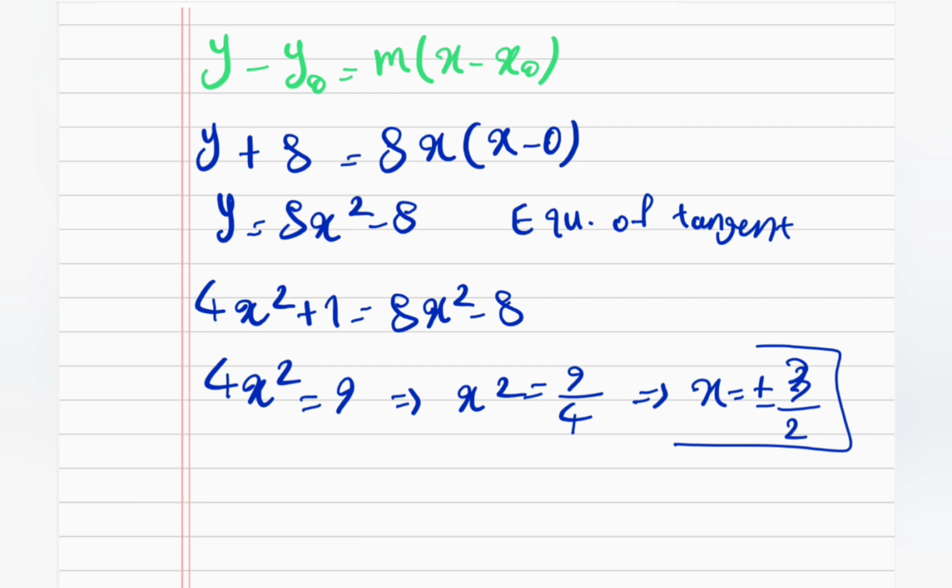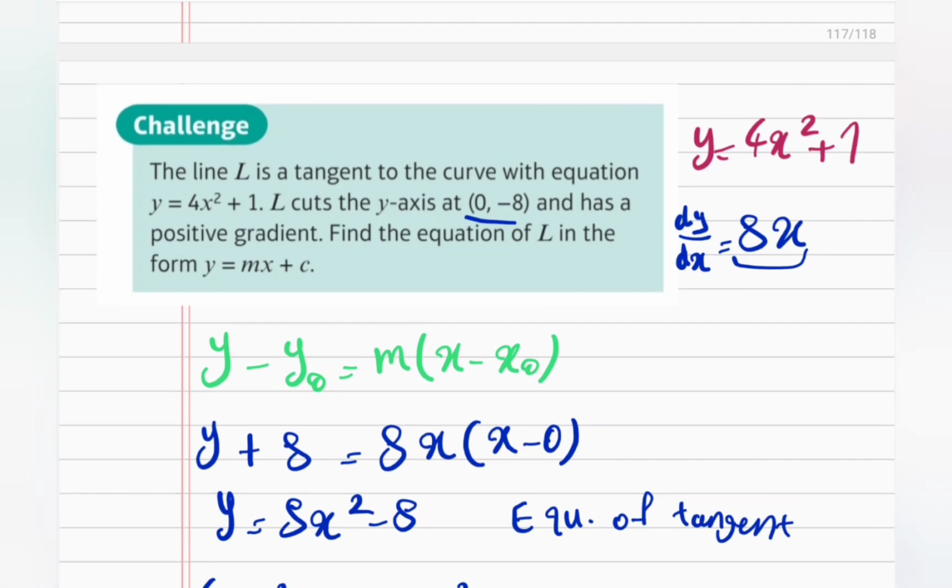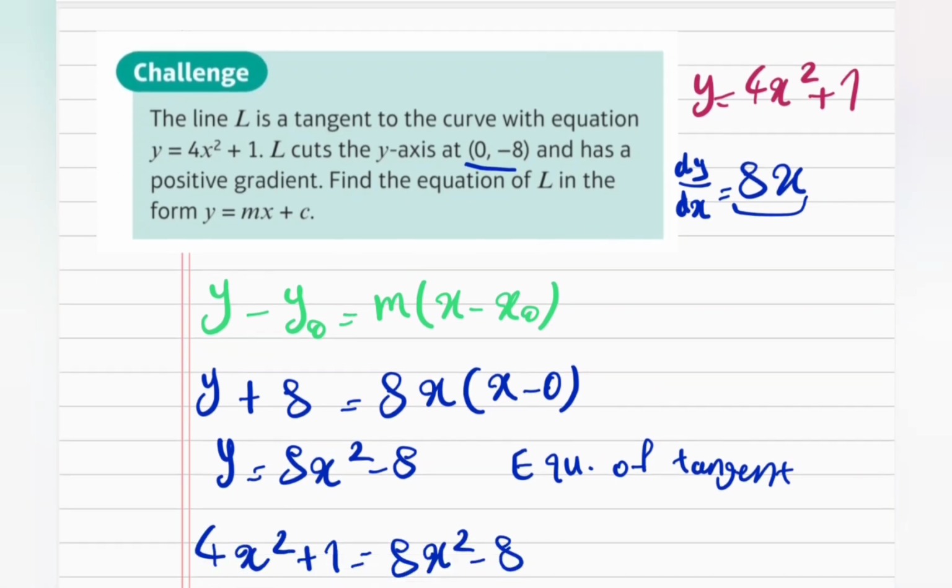But remember that here we should be very careful in terms of choosing, because there is only one point of intersection, so only one of these is correct, and it can be used for the rest of the question. And then this comes back to where the question says that the line has a positive gradient.